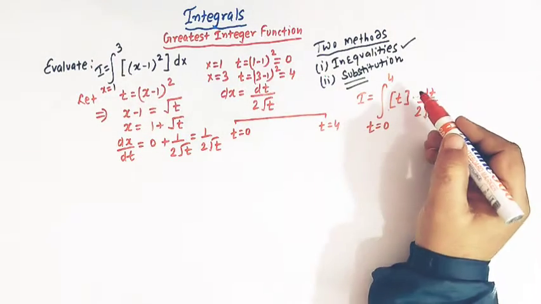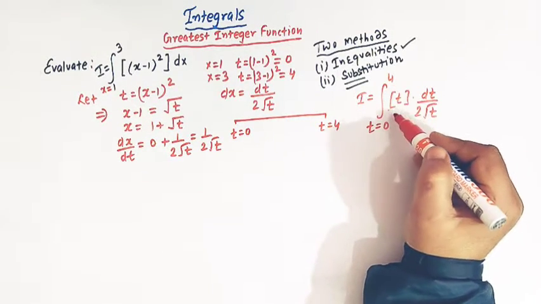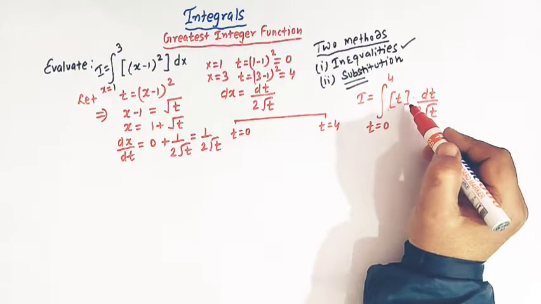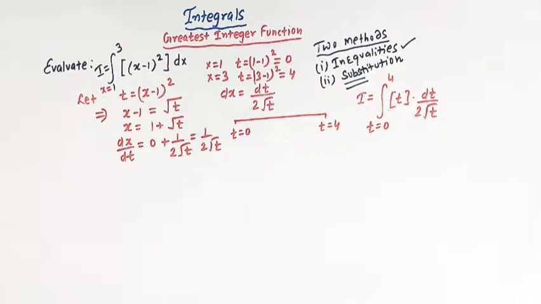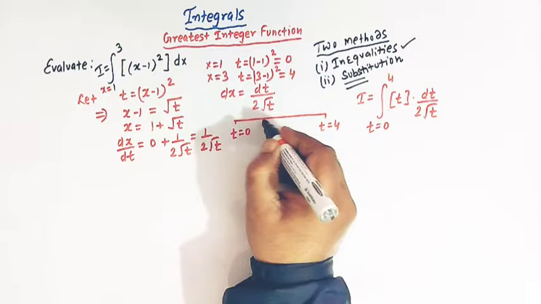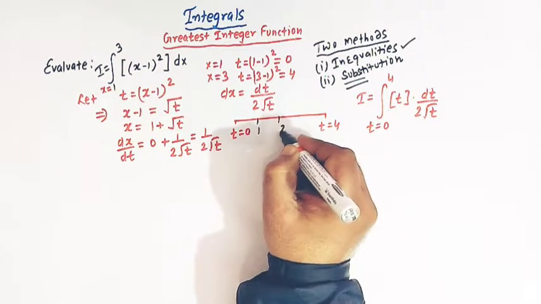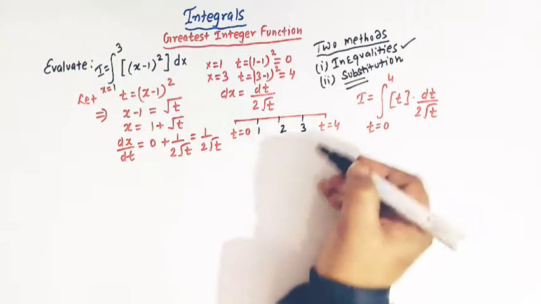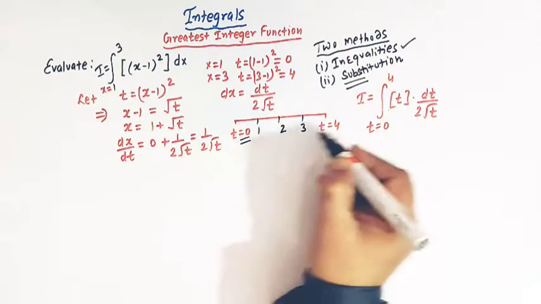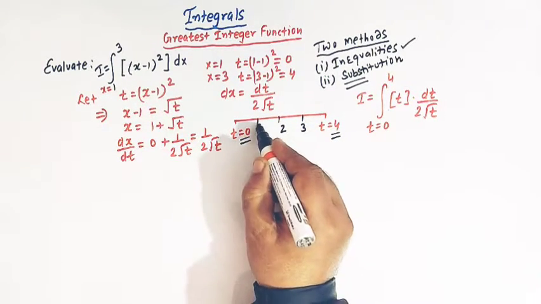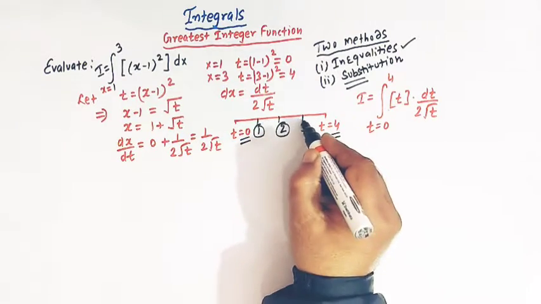Viewers, whenever we come across the greatest integer function, we always search for integers. Between 0 and 4, we have the three integers 1, 2, and 3.